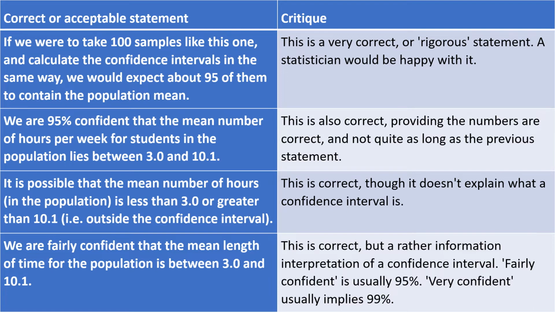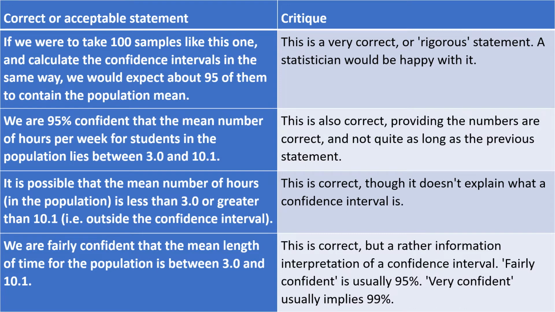So the last statement, the fourth statement: we are fairly confident that the mean length of time for the population is between 3 and 10.1. This is correct, but a rather informal interpretation of a confidence interval.